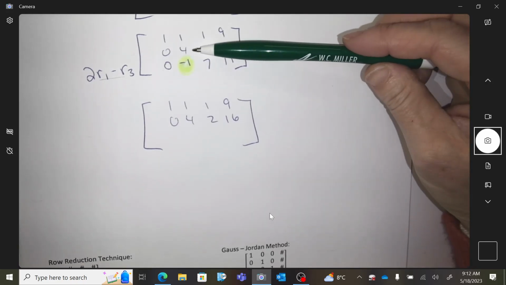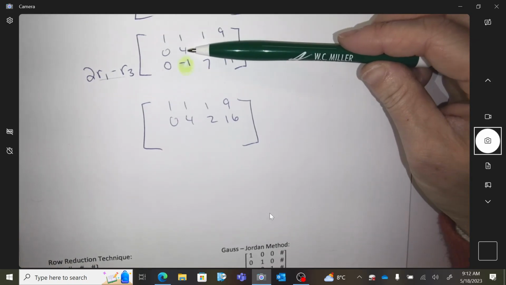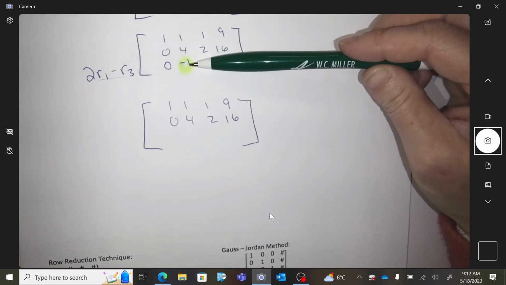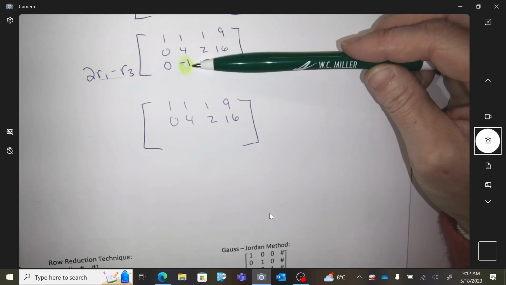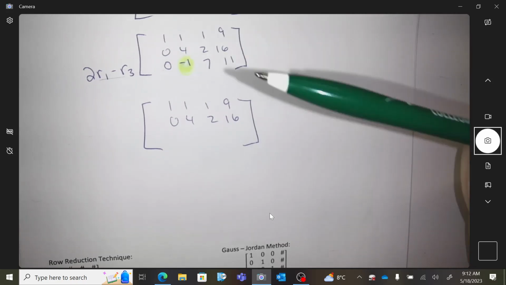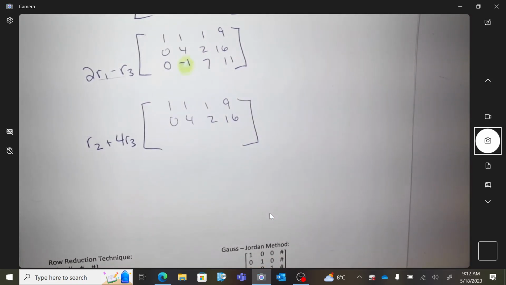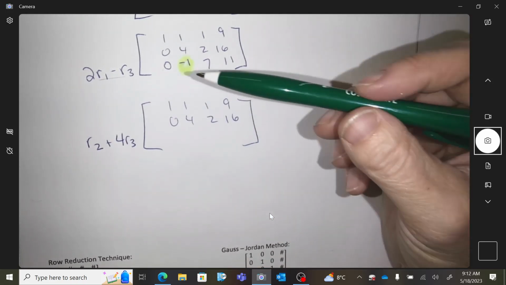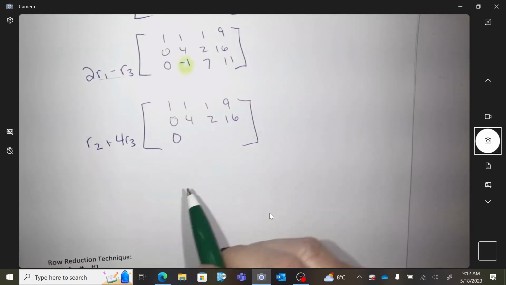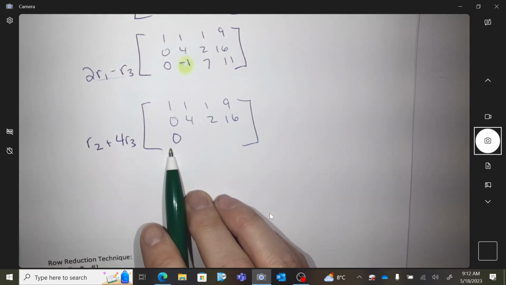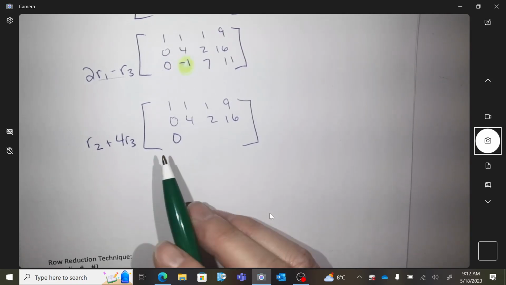Okay, so what do you want to do here? I would say row 2 plus 4 of these. Row 2 plus 4 row 3. Because then at least my first 0 stays as 0 now, right? If you had done it with row 1, you would have reversed the 0 you just had made.